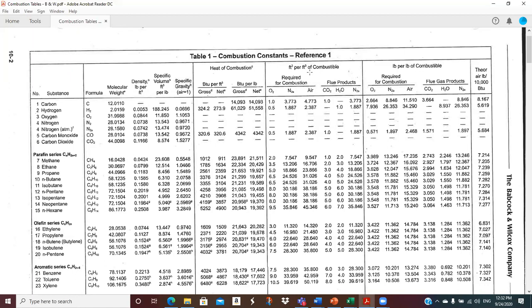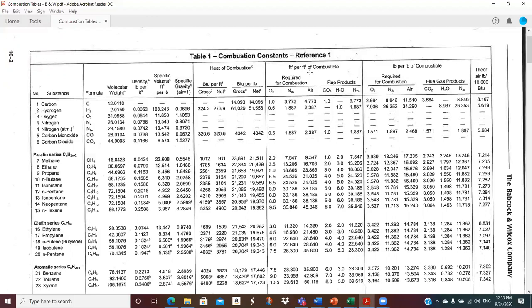So let's think about this. We have a 250,000 pounds boiler capacity, and each pound requires 1,000 BTUs that actually goes into the steam.